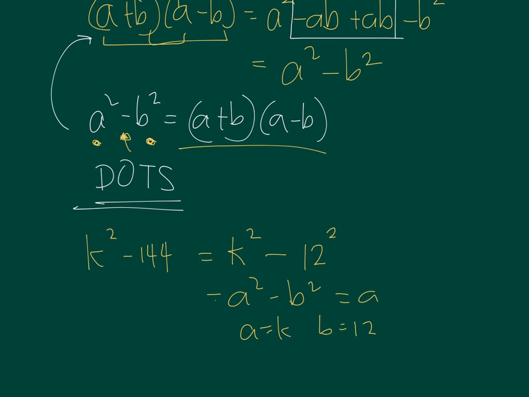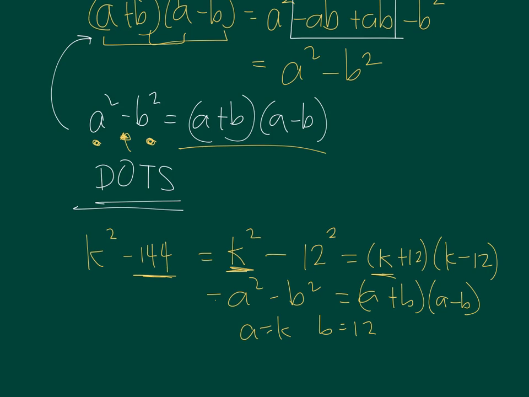So if I apply a plus b times a minus b, my a is k, so k plus my b is 12, and then k minus 12. You can look at this as k being the square root of k squared, and 12 being the square root of 144 or 12 squared. So k plus 12 times k minus 12.